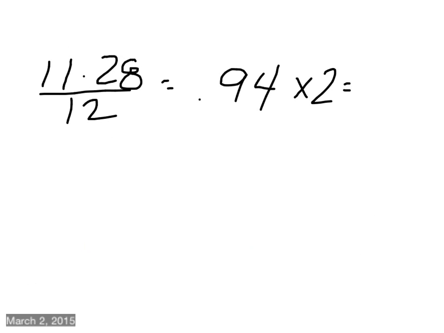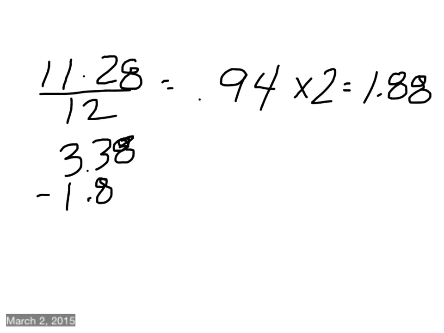Really I could have just divided by 6, but either way. So the cost for him is $1.88, but the selling price is $3.38. So if I take $3.38 minus the $1.88, what do I get? $1.50.